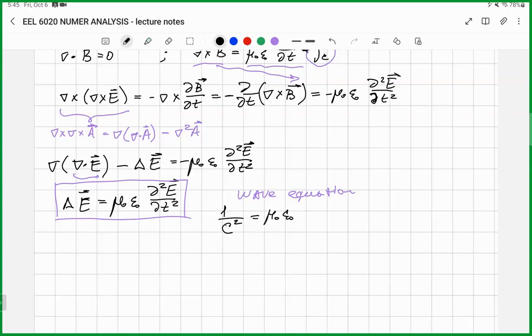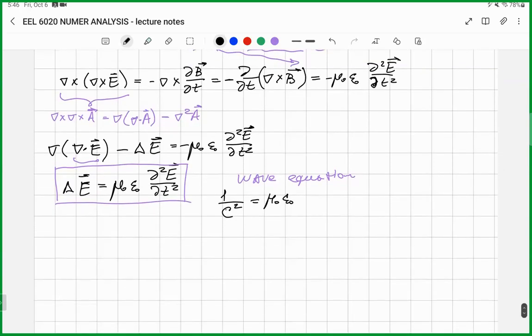So if we take an assumption that the product of mu 0 epsilon 0 is equal to 1 over the velocity squared, then this equation is written in this form: Laplacian E equals 1 over c squared d2E over dt2.